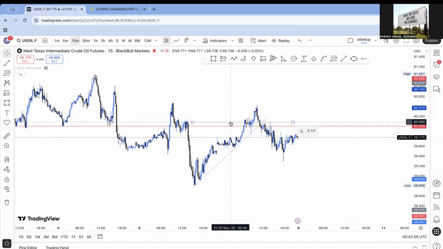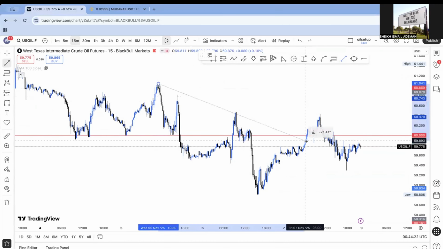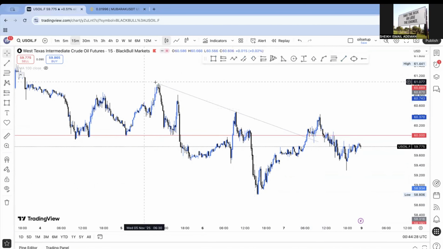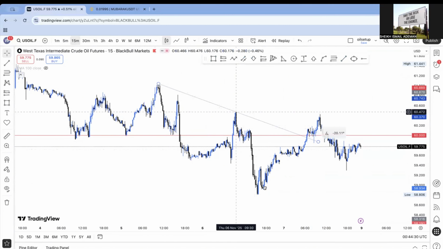So let's look at another example again. Okay, let's say we're having a downtrend like this. Anytime price hits the trend line, it sells.